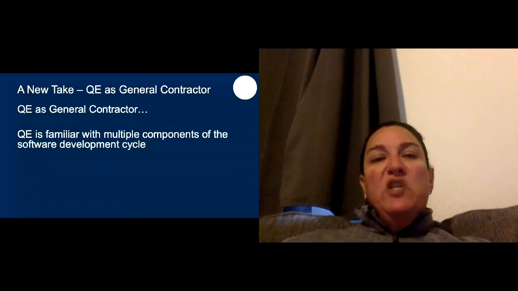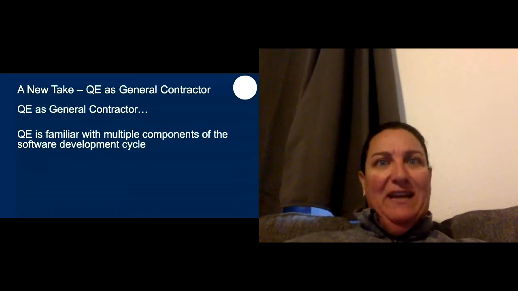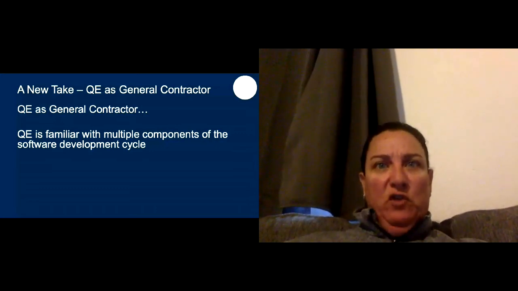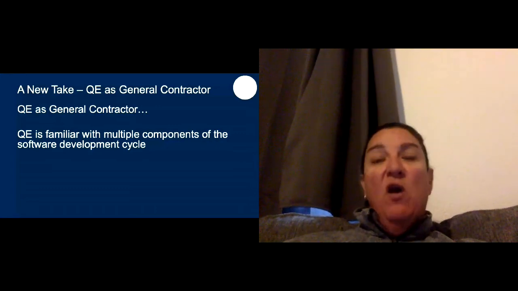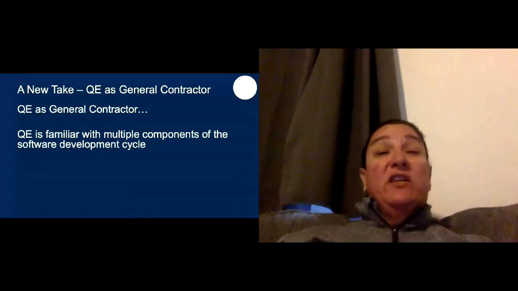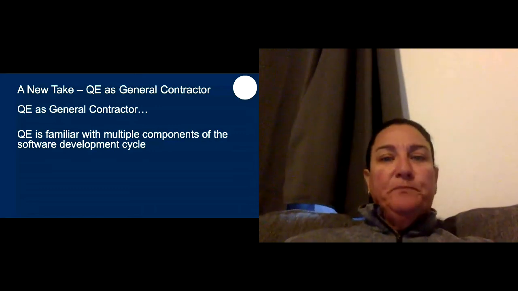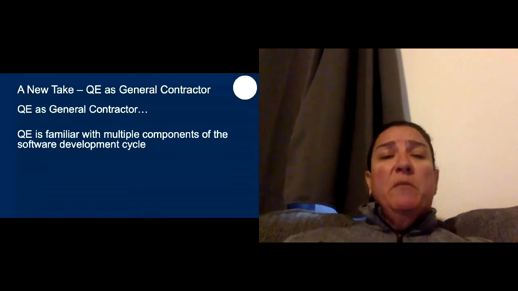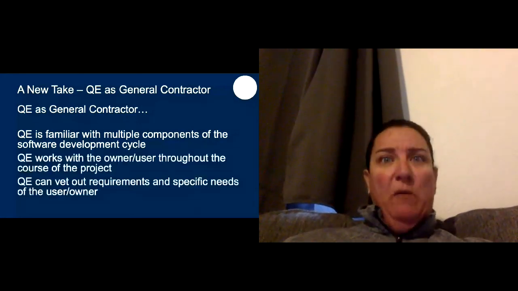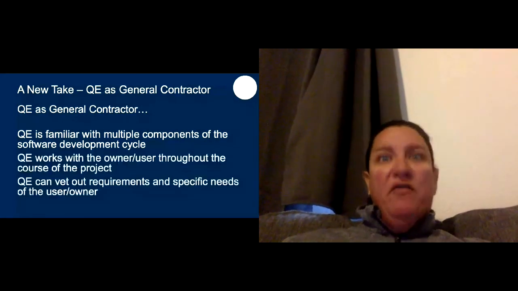But QE generally has to understand not only the functional requirements of what we're testing, but also the user's experience and advocate, again, on behalf of that user. And QE really comes in because we can vet out requirements and specific needs of that user.